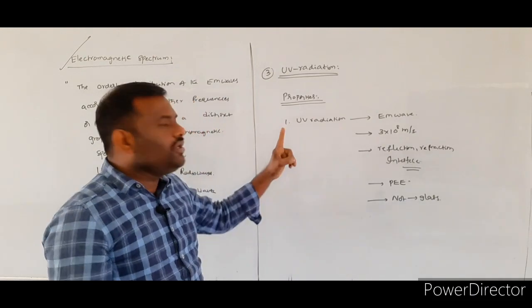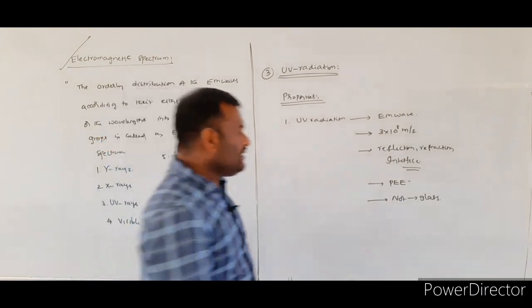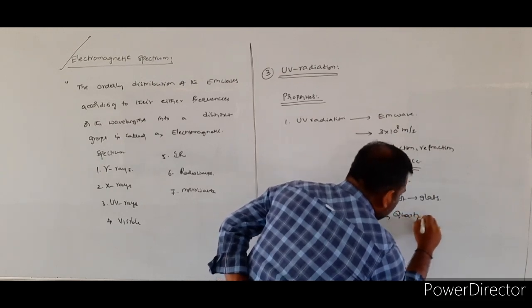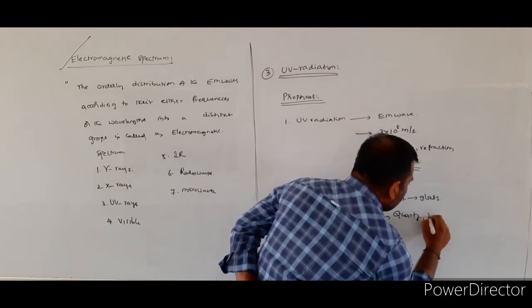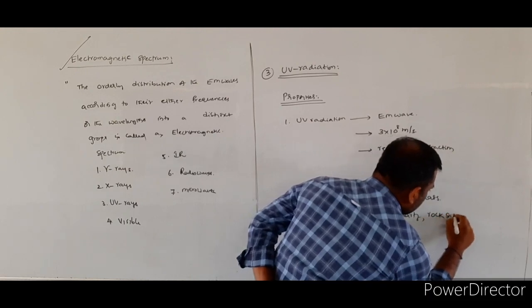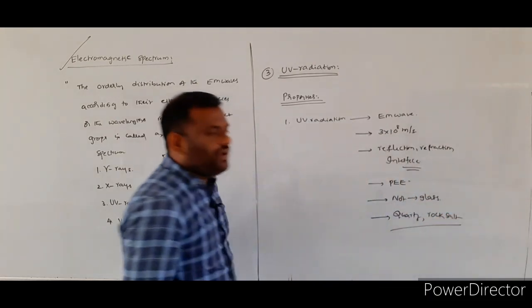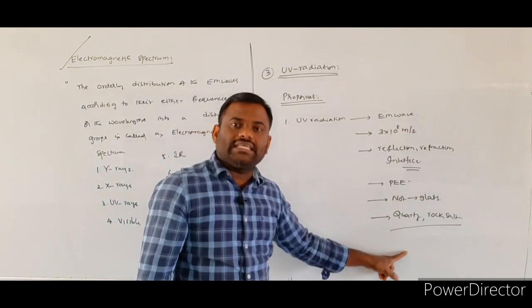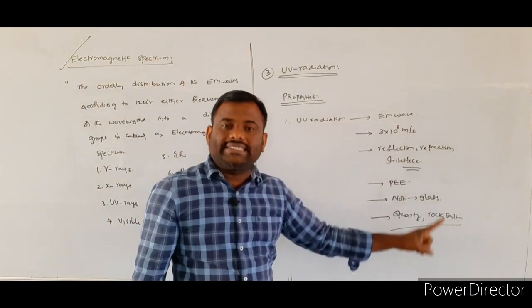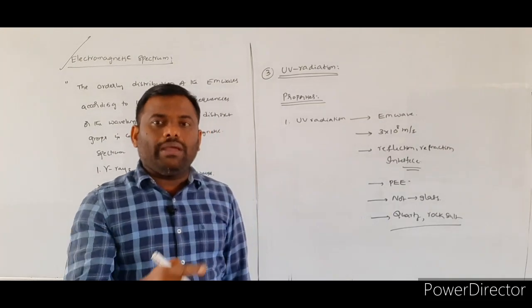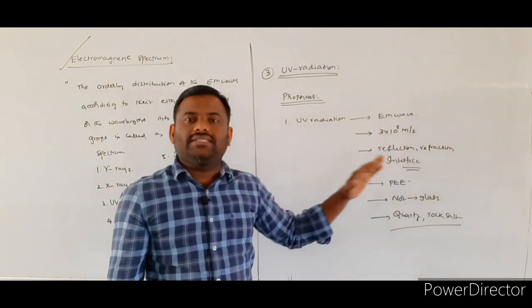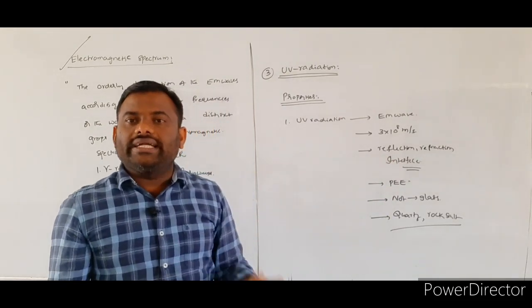It does not penetrate the glass. But the same UV radiation will pass through materials like quartz and rock salt. Whenever the same UV radiation is incident over the surfaces of either quartz or rock salt, it will penetrate and pass through those substances, but it does not pass through glass.